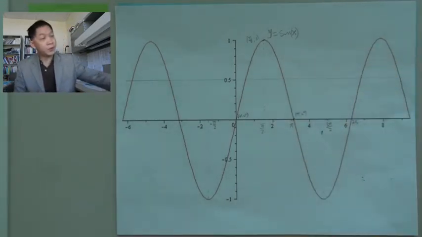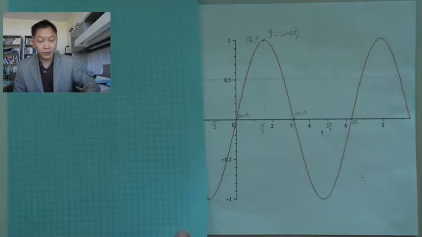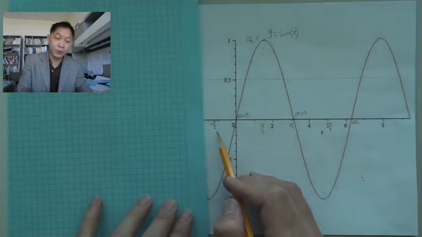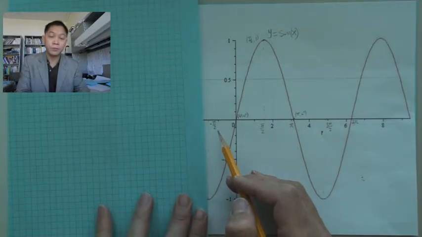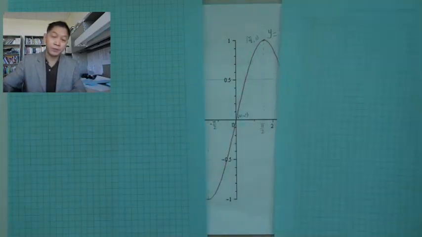And then what we like to do is we restrict our domain from negative pi over 2 to the positive pi over 2.